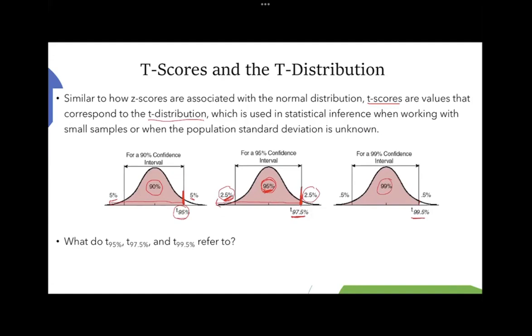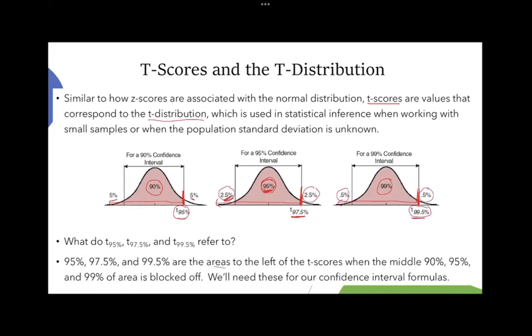And with 99% in the center, there's 0.5% on the left, 0.5% on the right, and 99.5% here represents 99.5% of area to the left of this vertical line.